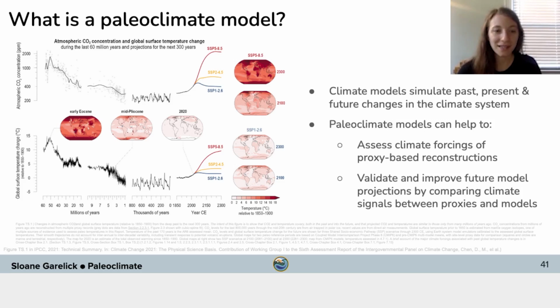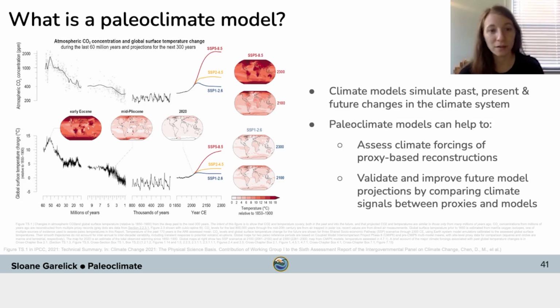If you compare the time series of reconstructed temperature and CO2 to projected temperature and CO2, you'll notice that there are periods in Earth's history where atmospheric CO2 concentrations and global temperatures were as high and as warm as are projected for the future.